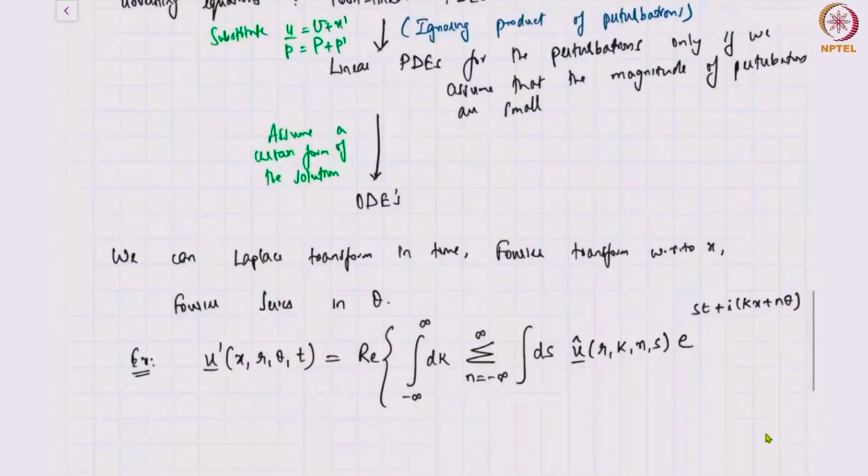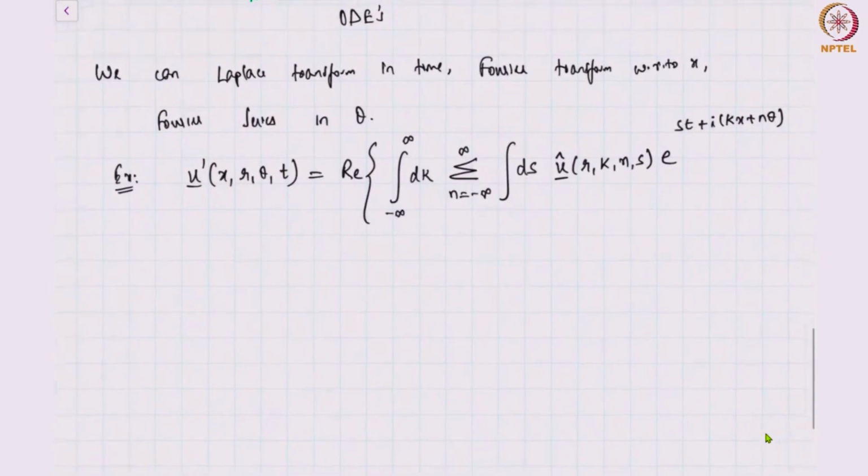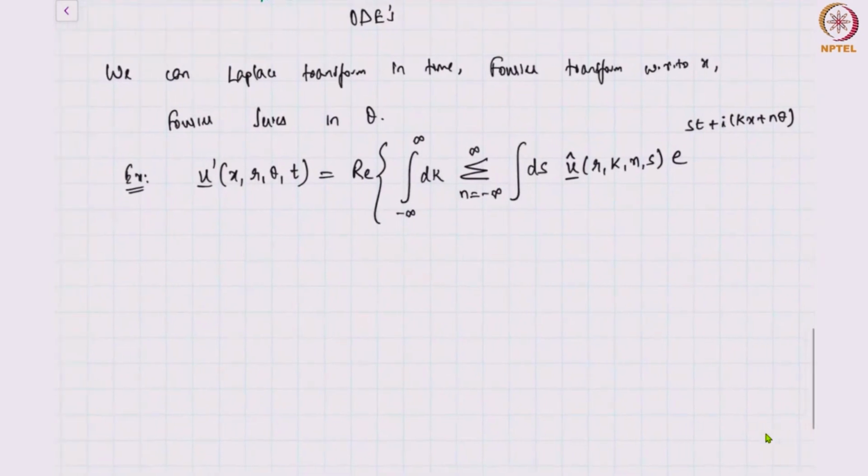Okay. So now I have this general form. This is real, and therefore I can write this entire expression as real something, plus add a complex conjugate. Okay. So what we have now got are called the normal modes.